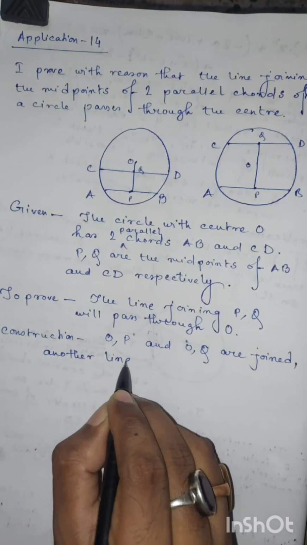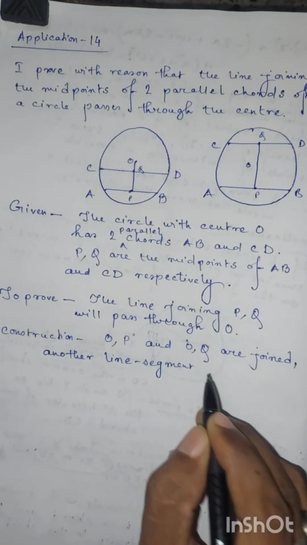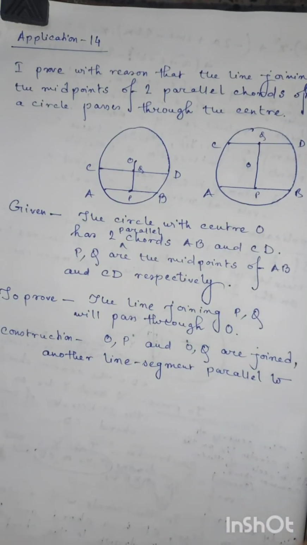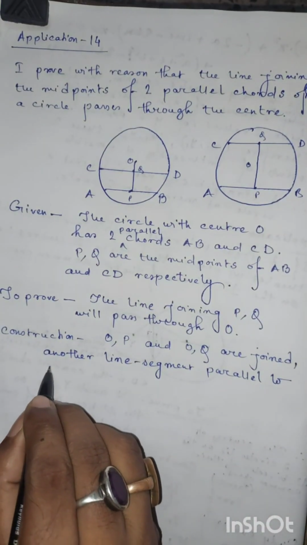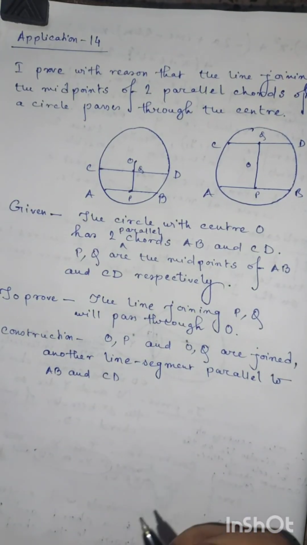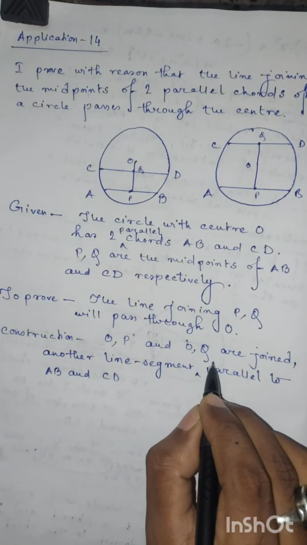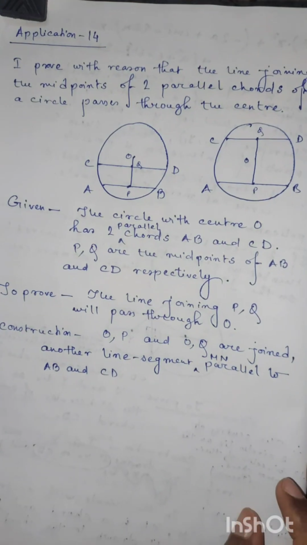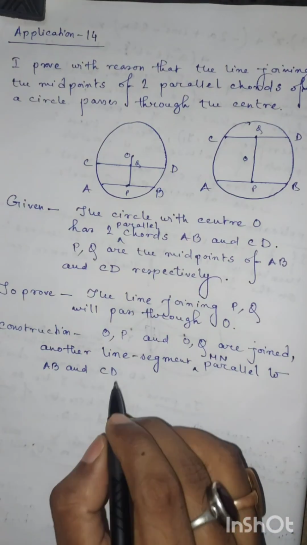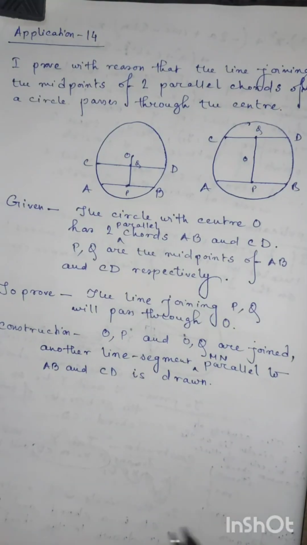Another line segment, let us say MN. Another line segment MN parallel to AB and CD is drawn. Now proof.